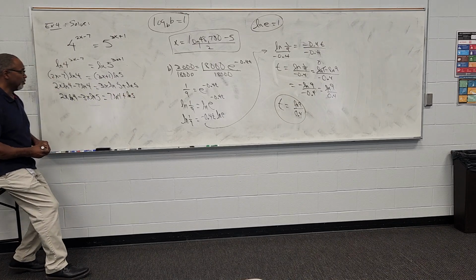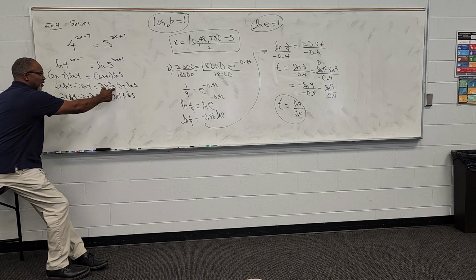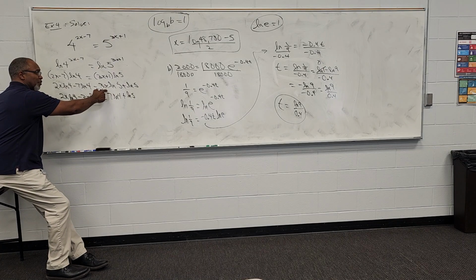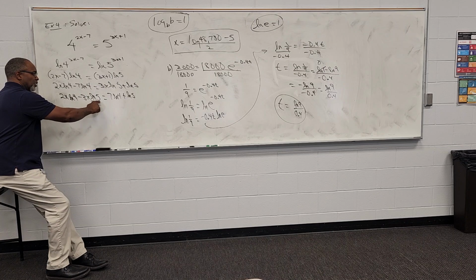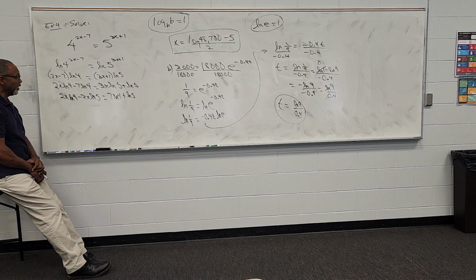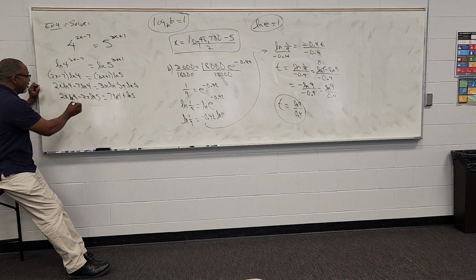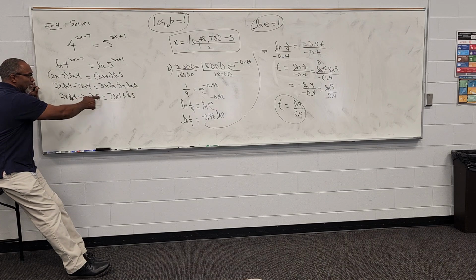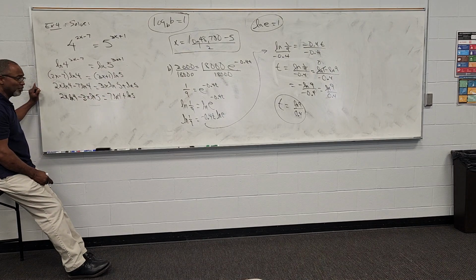Okay? I didn't write it down, but what I did was I subtracted this term from both sides. Subtract 3x ln 5, on this side it goes away, and I'll see it over here. Add 7 ln 4 to both sides. This one will go away, and I'll see it added over there. But that gives me all the terms with x on one side, and all the terms that don't have an x on the other side.